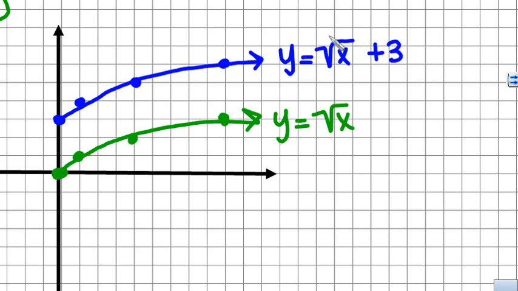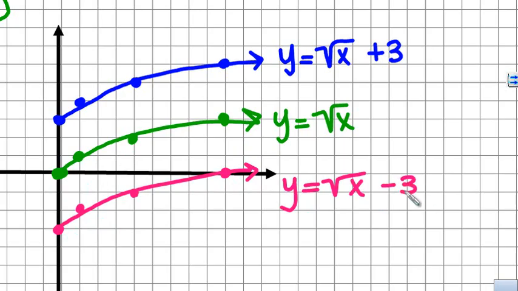Okay, it's not on the inside of the function, it's on the outside. Okay, you have a constant added on the outside. Okay, same thing, let's do minus 3. It's going to shift all of your values down 3. So here you have the graph y equals square root of x minus 3 on the outside.